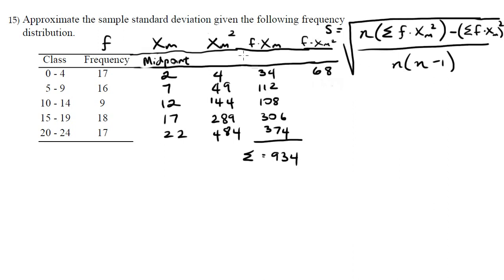It's 784. See what I did. So 16 times 49, 784. Let's make sure. 9 times 144, 1296.